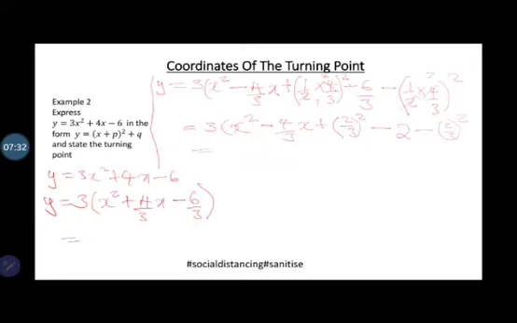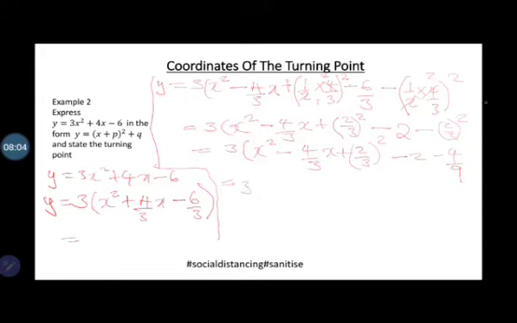Then we're going to have 3 times x squared plus 4 over 3 x plus 2 over 3 squared, minus 2, minus 4 over 9 if I expand that one. Notice we always just expand our last term. This one here we leave as the square because we need it as we change our quadratic function.